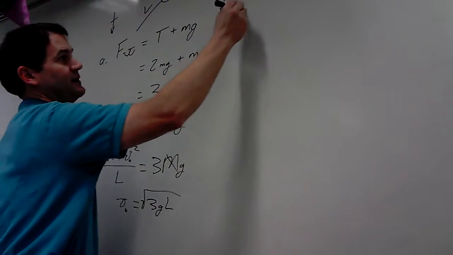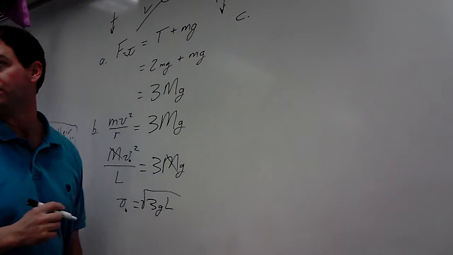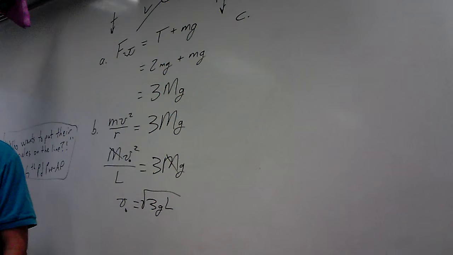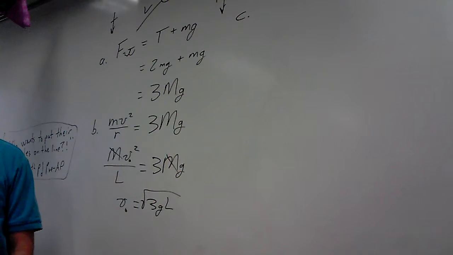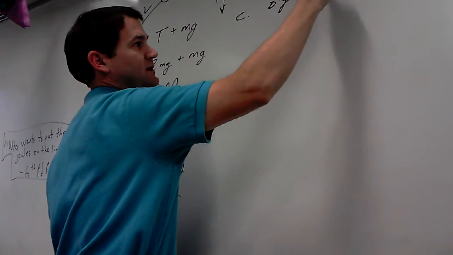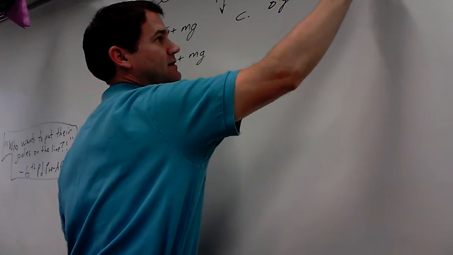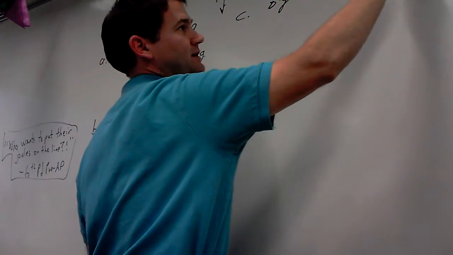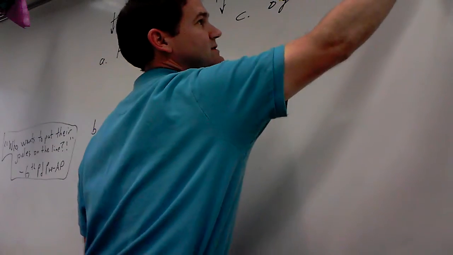And then for C, they want to know if the string is cut at the top of the loop, how long does it take to hit the ground? It's just a projectile. So I'm going to use delta y equals v naught y t plus 1/2 ay t squared.